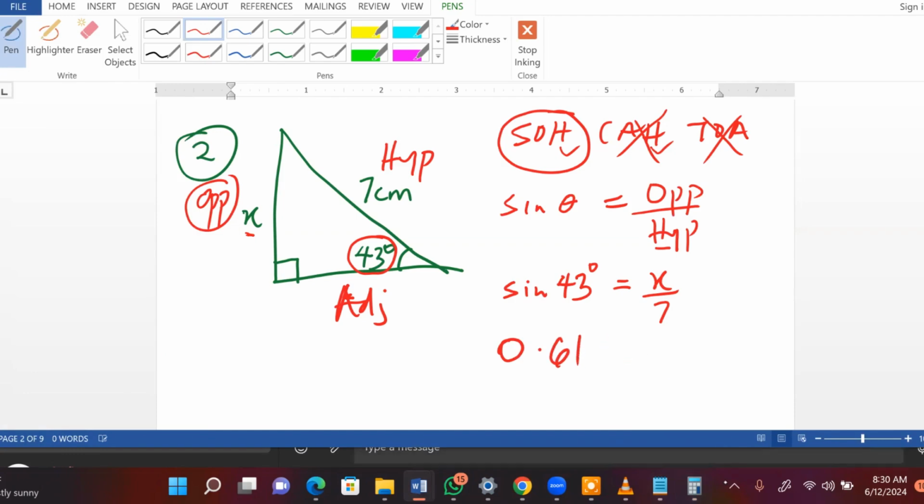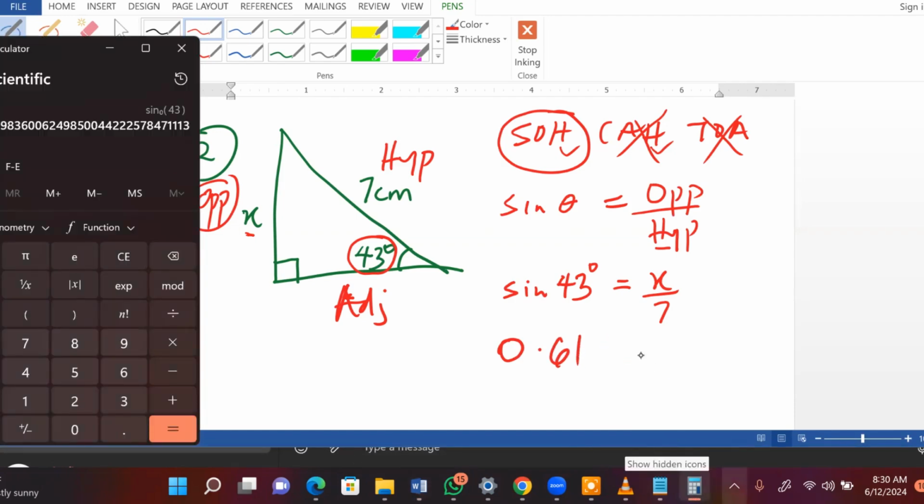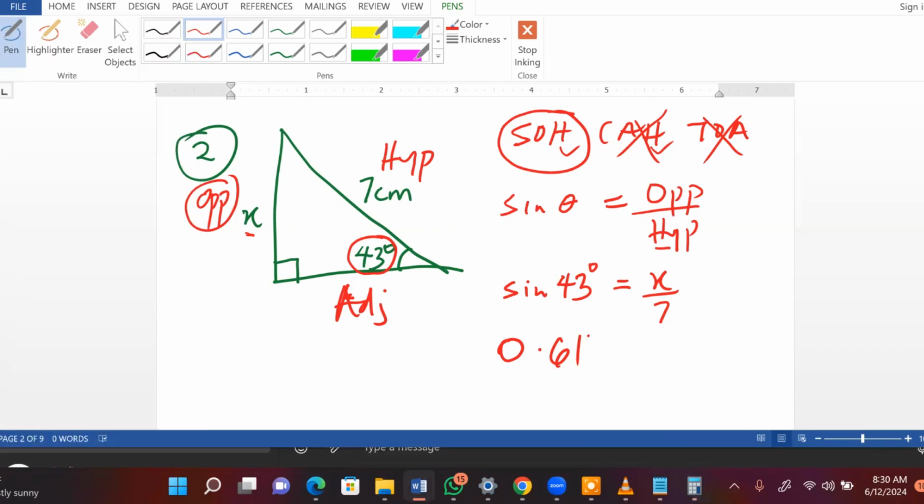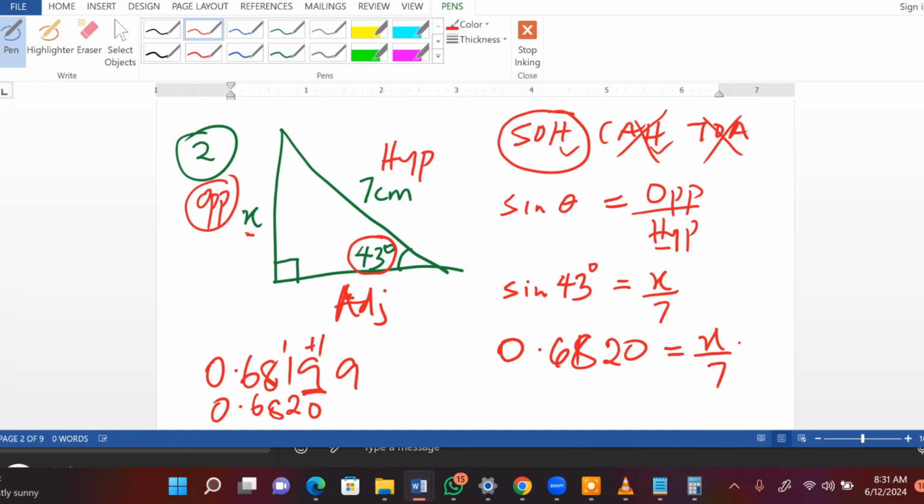We want to stop at this place, we add 1 to this, that will give us 10. We write 0, we carry 1 to this place, that will be 0.6820. That's why we have this equals x all over 7.